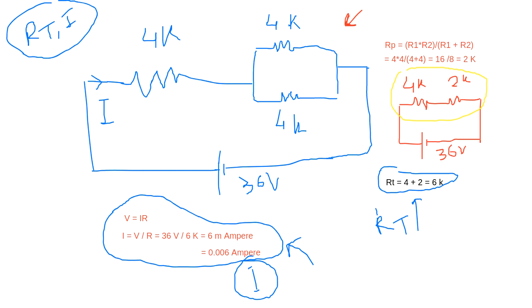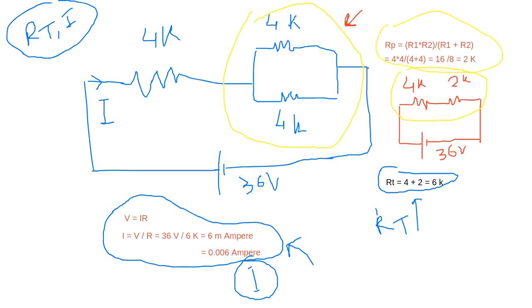Okay, fine. Now I want you to remember one important result. If you see this figure, there are two resistors in parallel, 4 kilo each, and the result is 2 kilo. What does this mean?